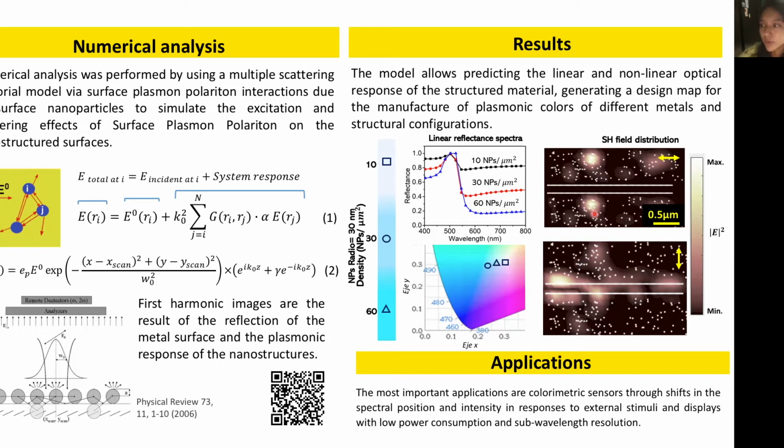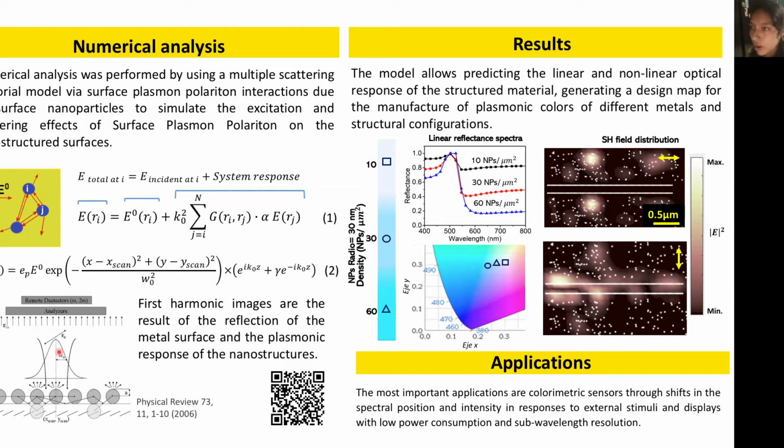The system response is analyzed with the dyadic Green's function, which calculates the propagation of the incident field from a source point to an observation point. The versatility of the distance between those points is what allows the model to calculate the interaction in both the near and the far field.